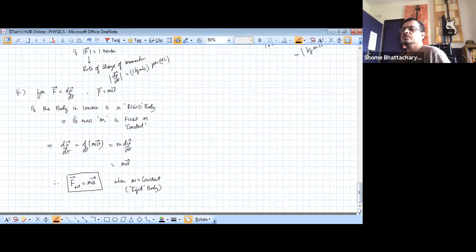What we mean by a rigid body is that it has a fixed shape, size, and mass. So more importantly, the mass of the body is fixed or constant. Then the right hand side of the equation, which is rate of change of momentum, reduces to mass into acceleration. So in that case, we can say that the net force acting on the body equals mass into acceleration.